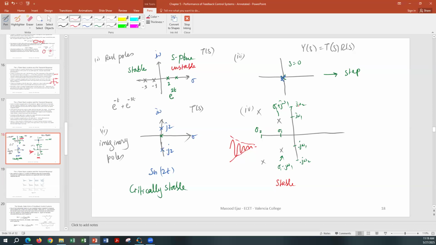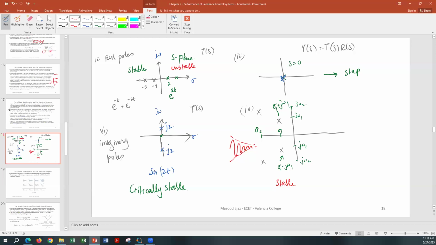That is going to give you 1 over s plus 1 plus 1 over s plus 1 squared. So it's going to produce a response which, I believe, is going to become unstable.